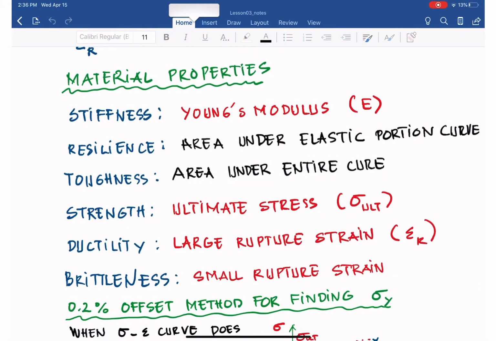Stiffness is measured by Young's modulus. Resilience is the area under the elastic portion of the curve. Toughness is the area under the entire curve. Strength is the ultimate stress. Ductility is a large rupture strain, and brittleness is a small rupture strain.